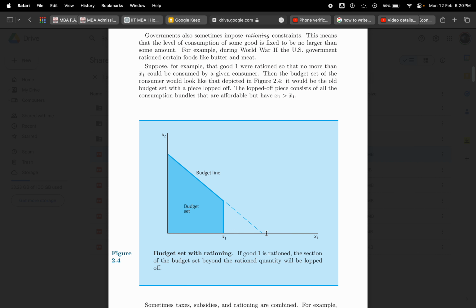Now, a lot of people can and want to consume more quantity here, but they can't because they're rationed. Like in COVID, I'll take the example of how toilet papers were rationed, where there was a cap of buying just one set of toilet paper per person. So even though the person can afford and wants to buy 5 sets of them, the person can only buy one. So this is called rationing.